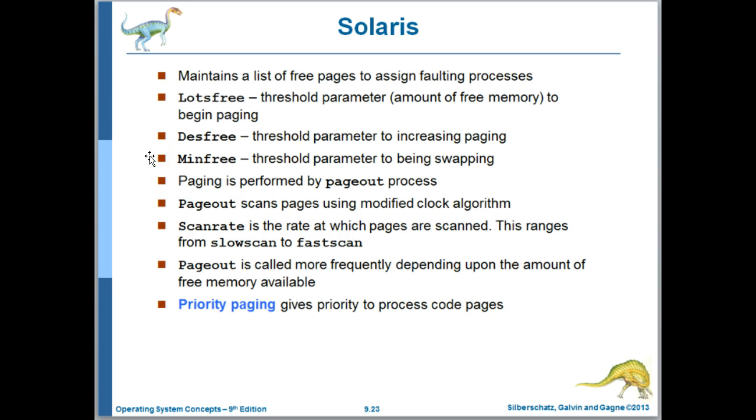When min free is reached, entire processes begin being swapped out. And then the scan rate here is the rate at which pages are scanned by the clock algorithm. So the increased paging is effected by moving from slow scan towards fast scan.